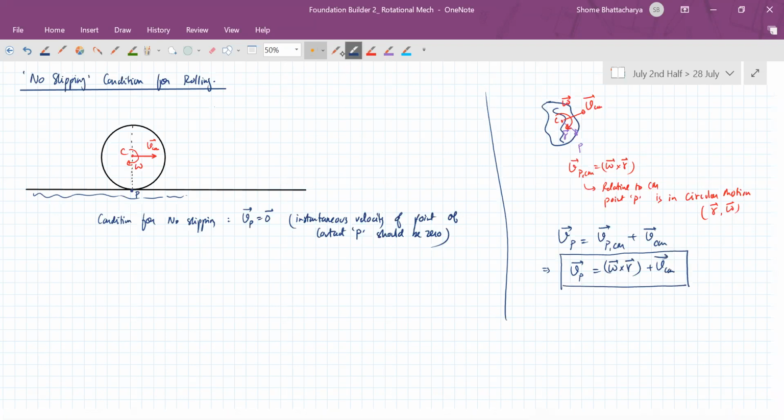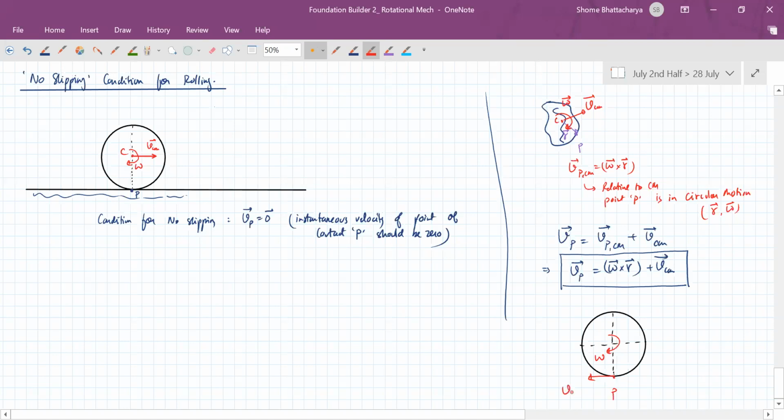So now, for example, if you look at this particular body, you'll understand that suppose this was only spinning about the center of mass. If it was in pure rotation like this, then what would be the velocity of this point P? It would have been backwards like this. The velocity of that point P would have become r omega, because the radius of this is r.